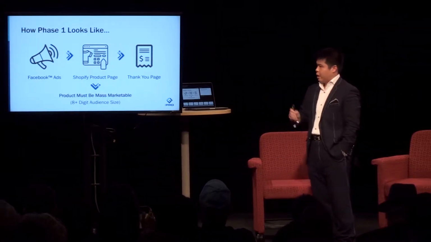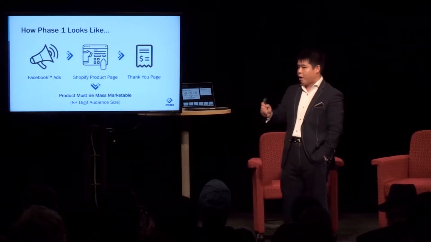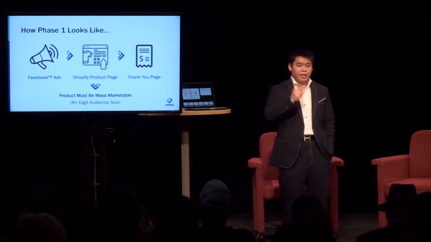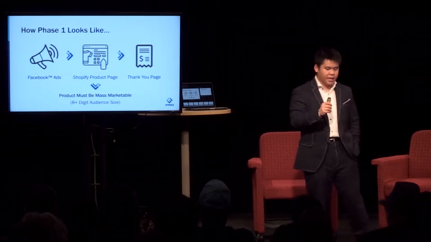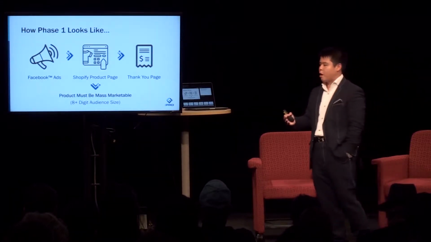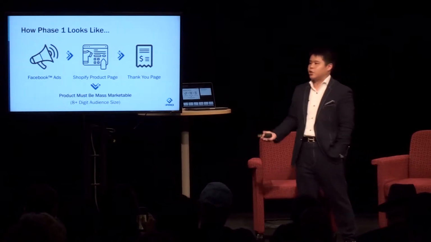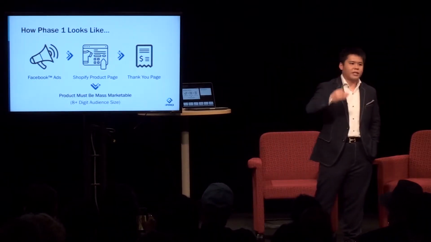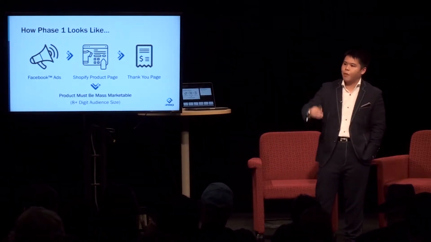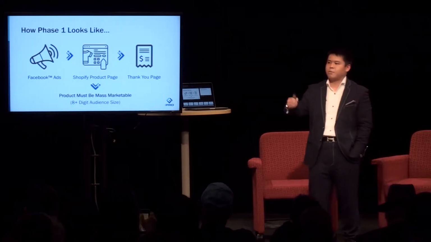Now, one thing you've got to keep in mind if you want your business to be scalable: in phase one, you've got to make sure that your product is mass marketable. What it means by mass marketable: let's say you're selling a product into the kitchen niche. Any person that's interested in cooking will want that product. That's what mass marketable means.